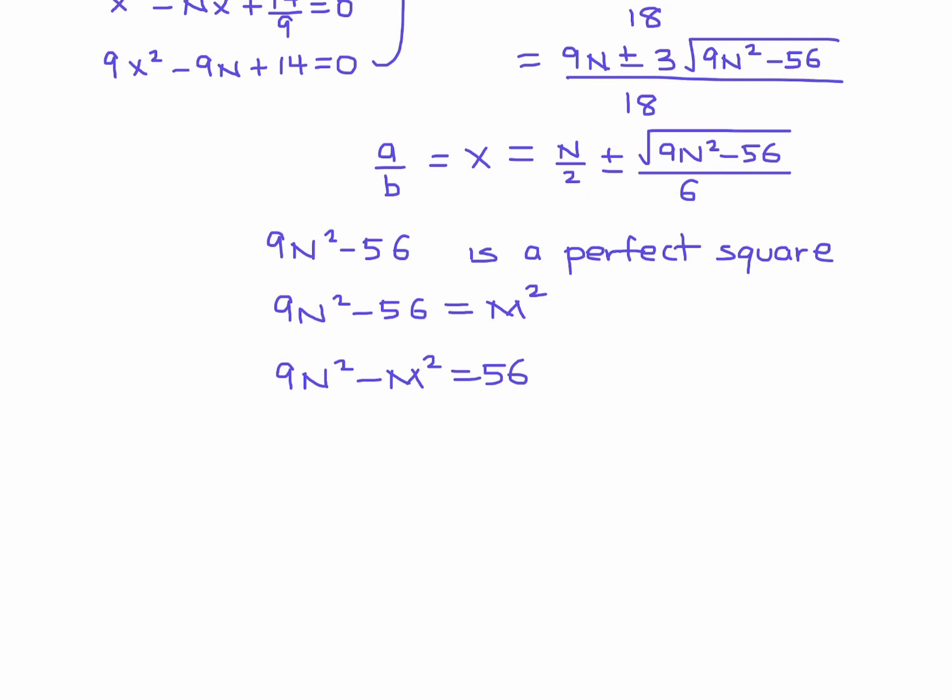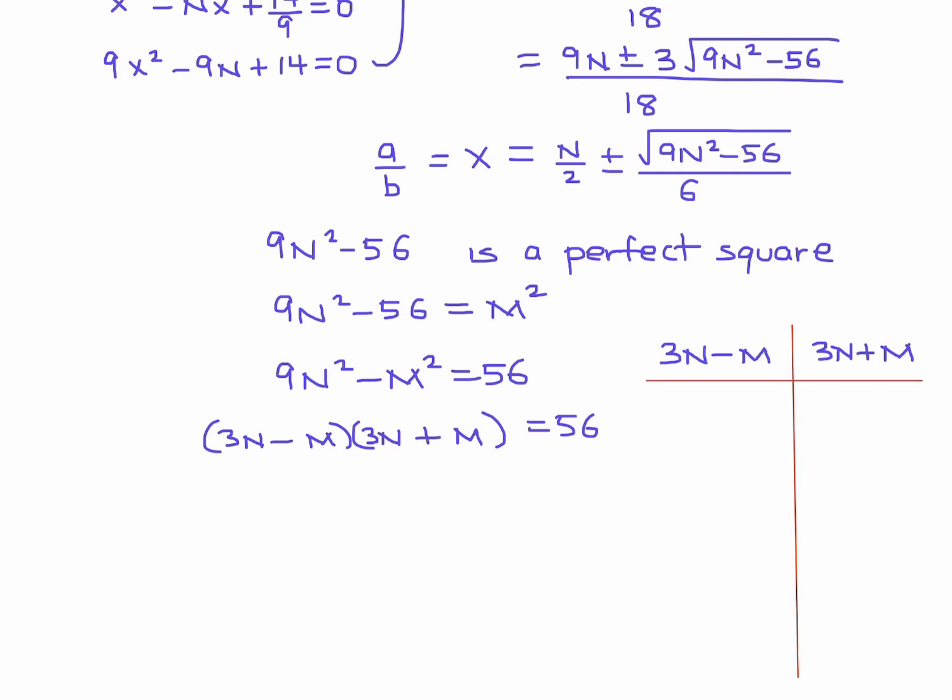And very similar to what we did previously in the question before and many other questions, we have to now make a little bit of a table. First, we have to factor this. So we got 3n minus m, 3n plus m, and then we got to make a table and see what we get.